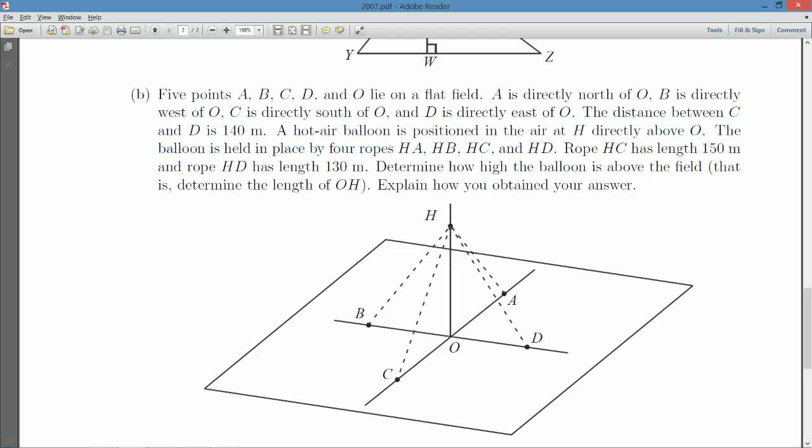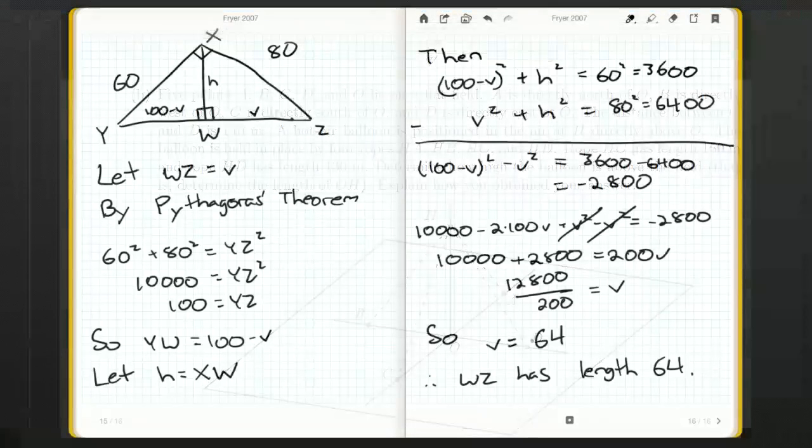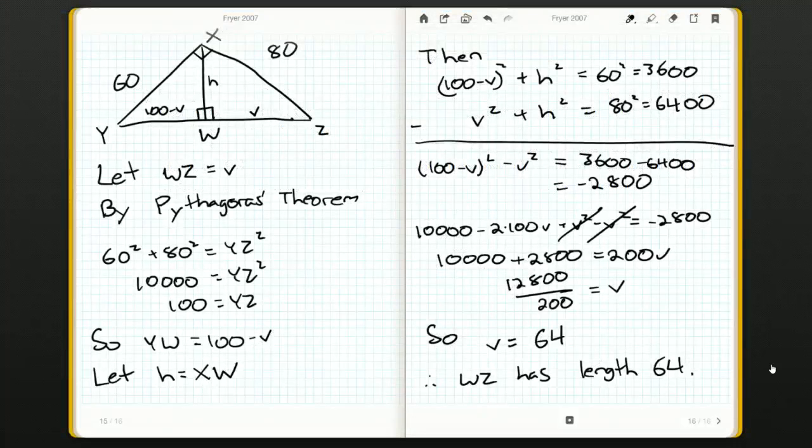Determine how high the balloon is above the field. That is, determine the length of OH. And as usual, explain how you got your answer. So let's draw ourselves a little copy of the picture in our solution booklet here.